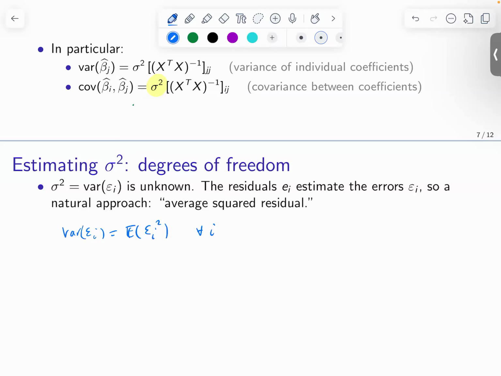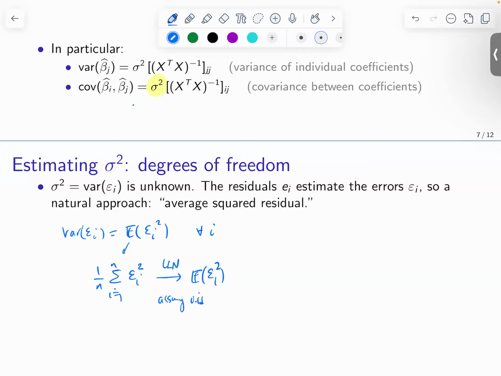If I happen to know that the epsilon i's are also independent, which at this point I don't know, but later we will assume this, a very good estimator would be to replace this expectation with an average, 1 over n times the sum of epsilon i squared, which looks like a sample variance. Usually you divide by n minus 1, but here we're not subtracting the mean, so I'm going to divide by n. Under the IID assumption, if these were independent and had the same distribution, by the law of large numbers this would converge to the expectation of a single one.